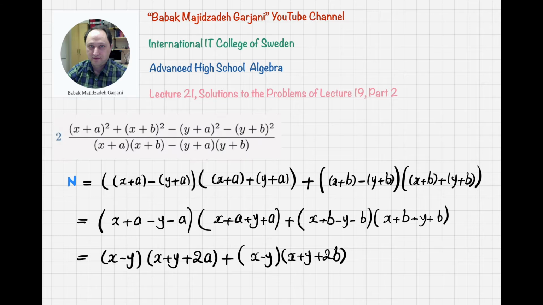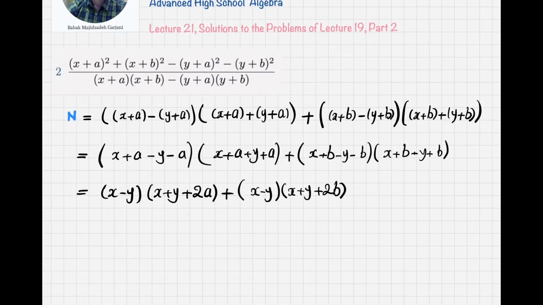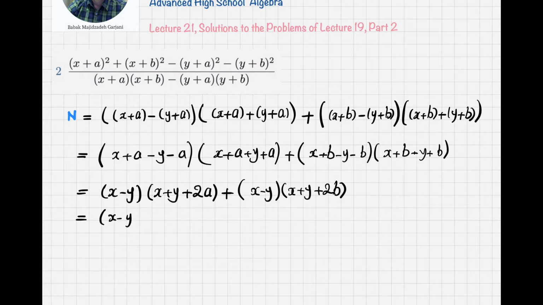So that was quite successful because now I can see that I have a common factor that emerges, and I can factor this common factor out. So this becomes equal to x minus y. From the first one, x plus y plus 2a is left. From the second one, x plus y plus 2b is left. And I can collect the terms a little bit more here. x and x is 2x, y and y is 2y.